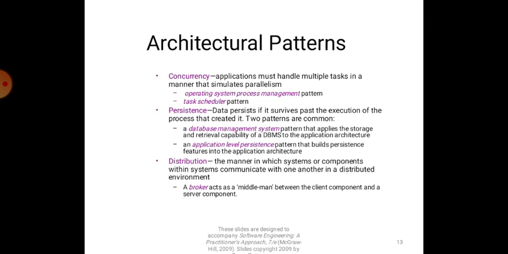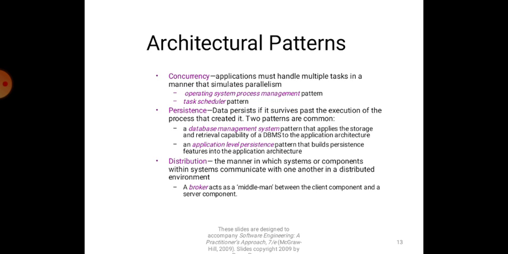Students, persistence means what? Continue to live. So many times data objects vanish or lose their existence once the process that has created it closes. But if the data continues to be there, we say it is persistent in nature.